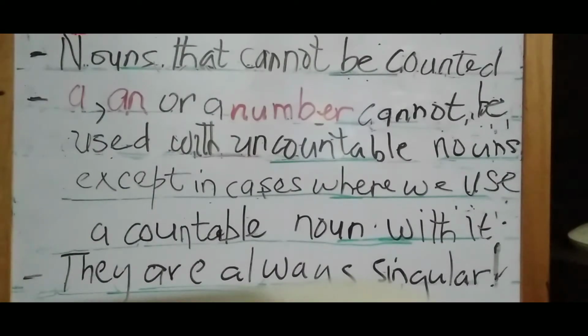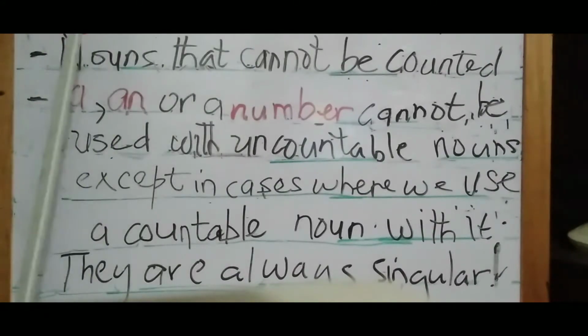All right, let's go to uncountable nouns. There are certain things you need to know, very important, regarding uncountable nouns. Let's say rules. Uncountable nouns cannot be counted. So it's nouns that cannot be counted.